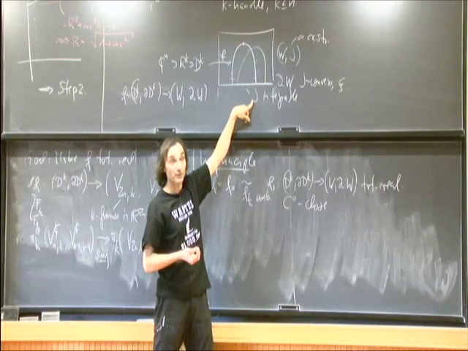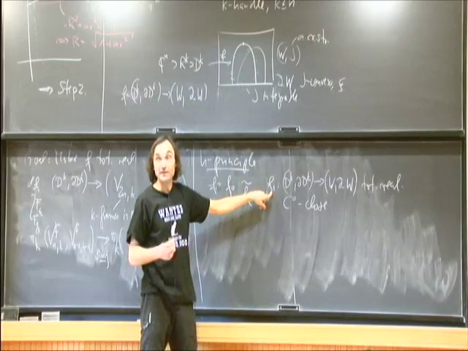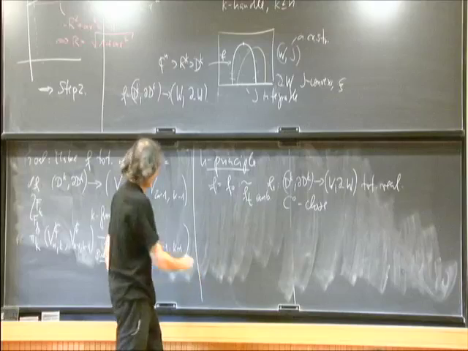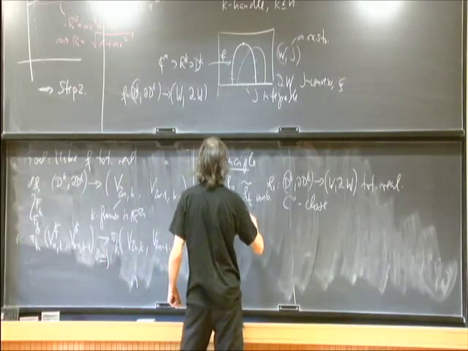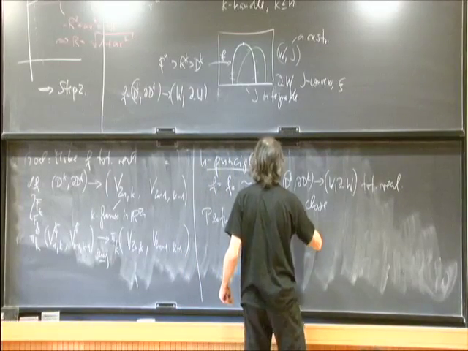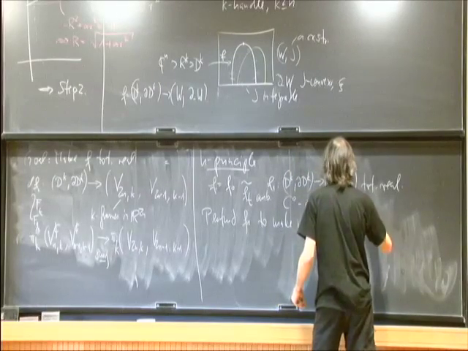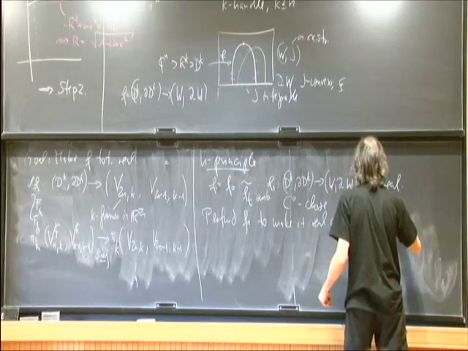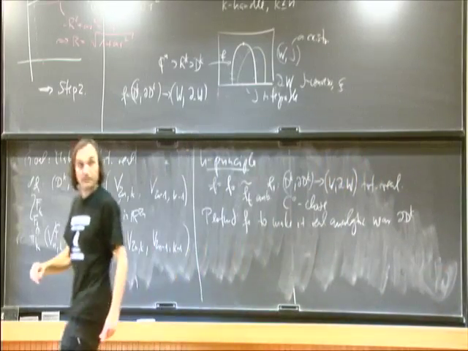So now I'm perturbing the map f1, which I have here, to make it real analytic near the boundary.